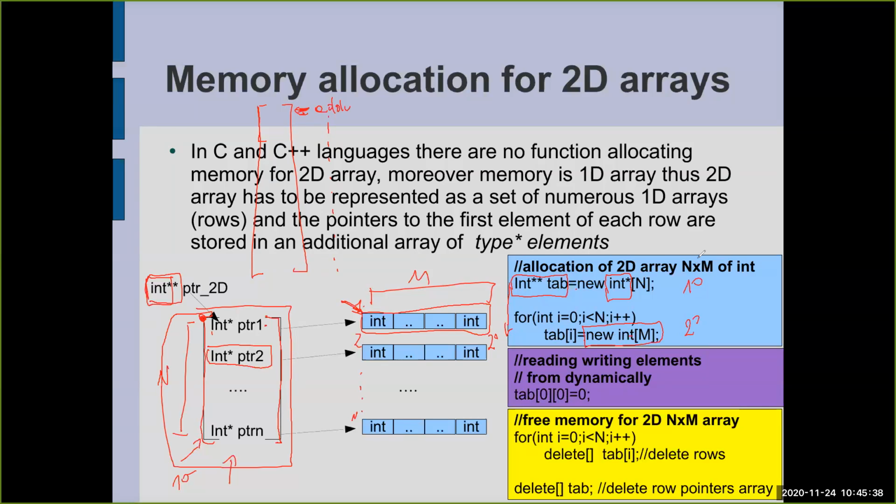So if this process succeeds, I can use this array the same as a standard 2-dimensional array. I can get access to the row and to the column using this code.